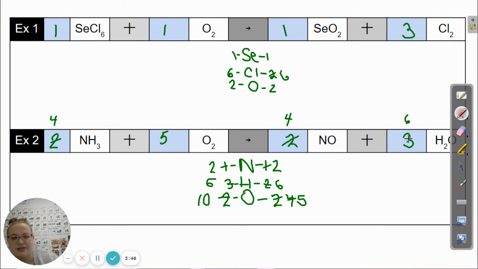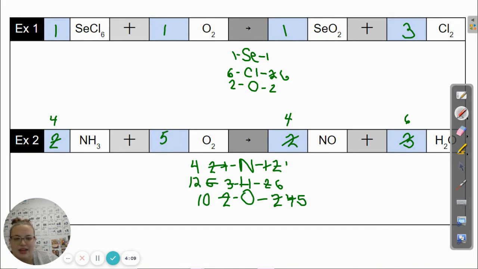And I'm going to check my work really quick to make sure this is right. So 4N, so 4 times 1 gives me 4N, 4 times 3 gives me 12H, and 5 times 2 gave me 10O.